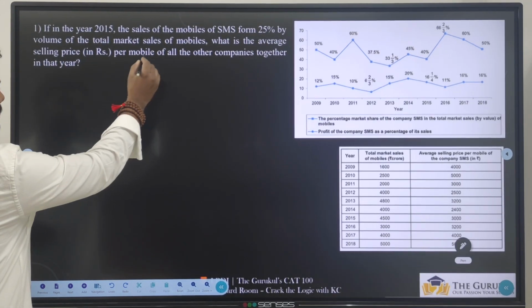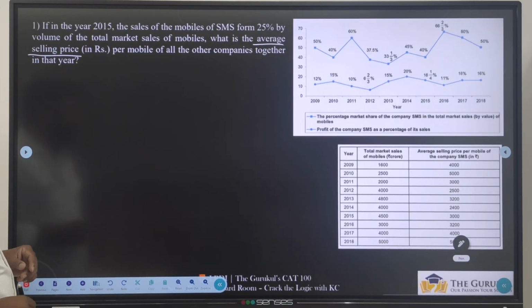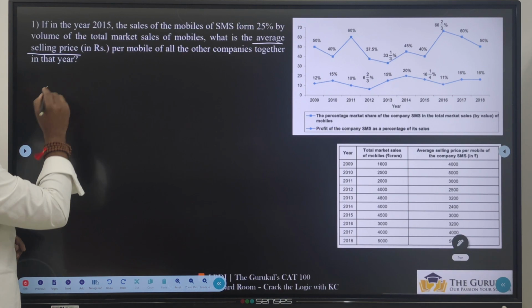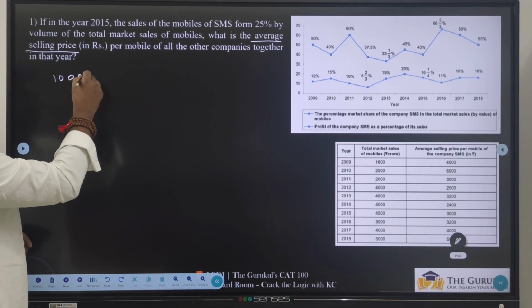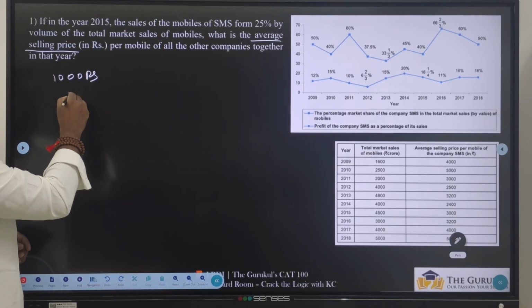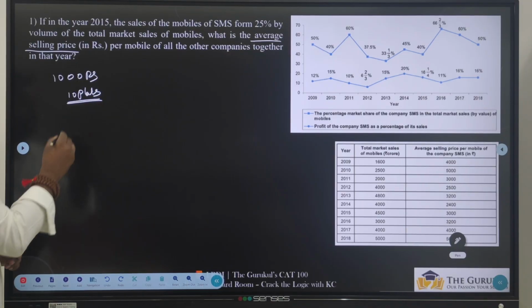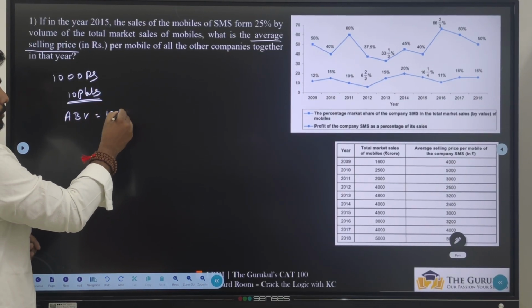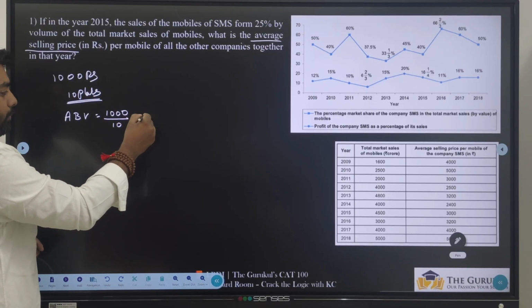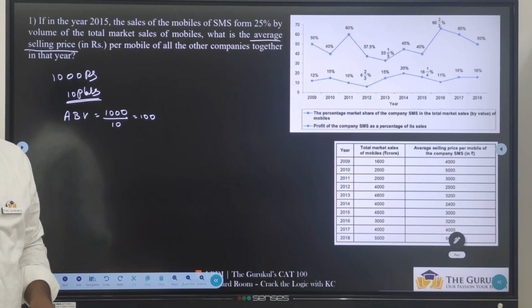First of all, we need to understand what this average selling price means. For example, if you are going to a hotel and you are making a 1000 rupees bill and you are eating 10 plates of tiffin, can I say average billing value is equal to 1000 by 10, which is 100 rupees? Now this is the average price of each item which every person is eating.